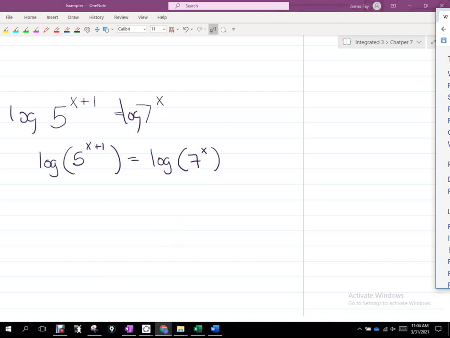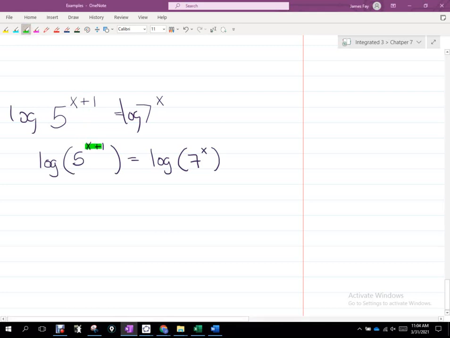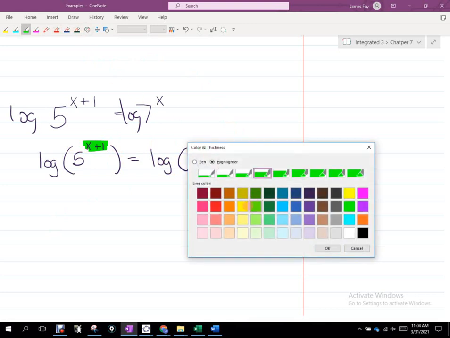What do you do next? What do we do next with those exponents? Good. Okay. So exponents go out in front of the log. So now, because this one is a sum, we could do the same thing with this one, even though it's not a sum. But if they're sums, you're going to want to put them in parentheses out front.